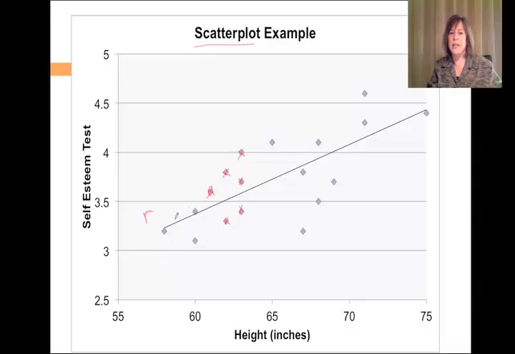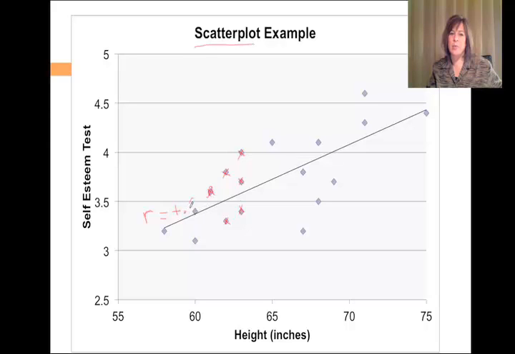So these are all our dots, and this line would represent a positive relationship, meaning as height goes up, self-esteem goes up. So the R is going to be positive, and this line probably represents an R greater than 0.5.